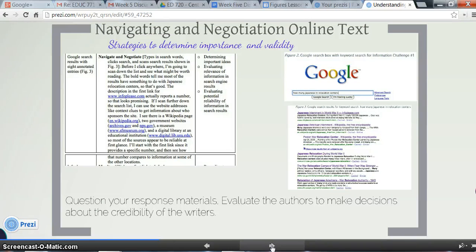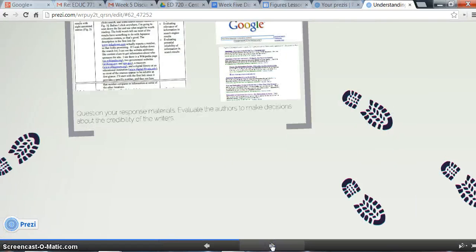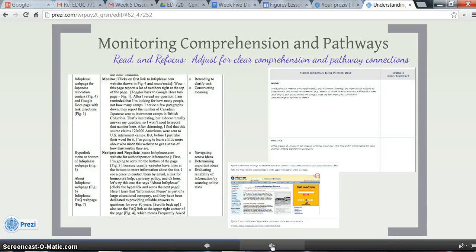Question your response material, evaluate the author before you make decisions about what you're going to do. Think about the credibility of the author. These are guided steps that we want to bring to the student's attention. And monitor your comprehension and the pathways you use.